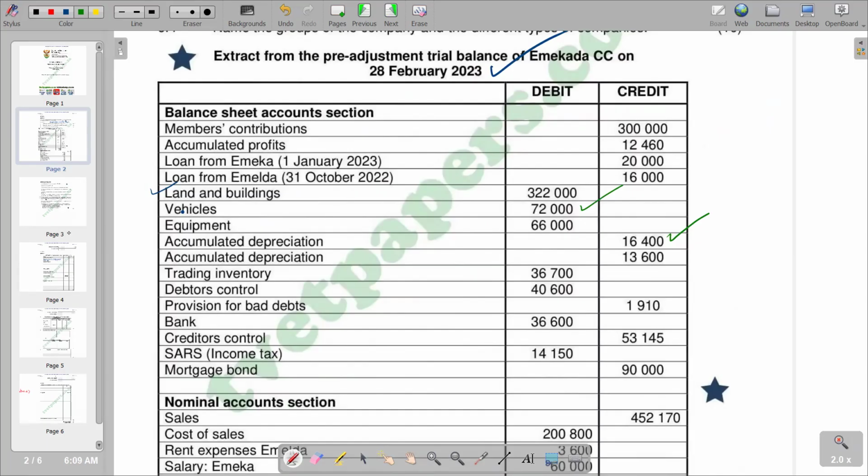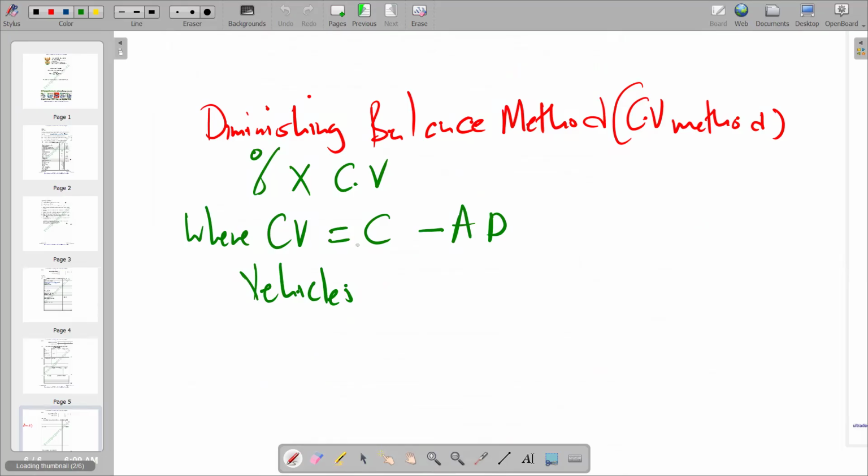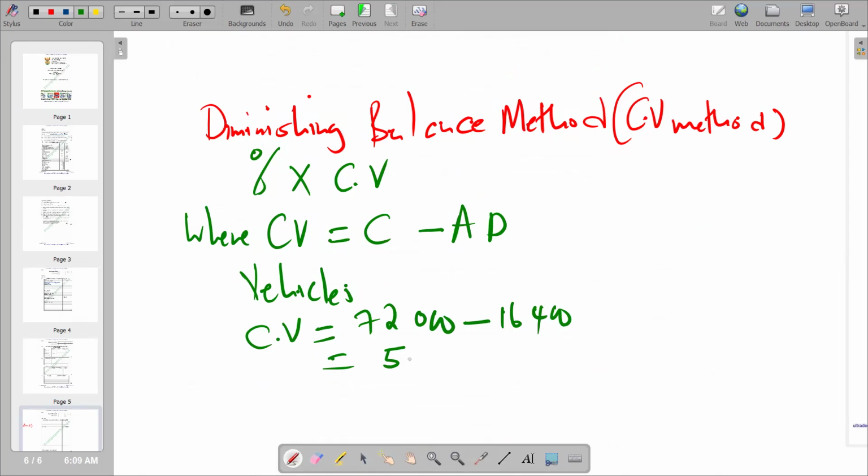So basically, if you come here, 72,000 minus 16,400. So for the carrying value, we are saying 72,000 minus 16,400. And if you calculate there, you're going to get 55,600.